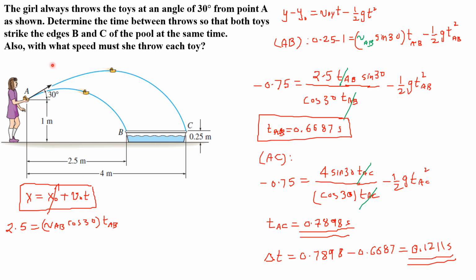Now, with what speed must we throw each toy? I can use this equation for AB and for AC.